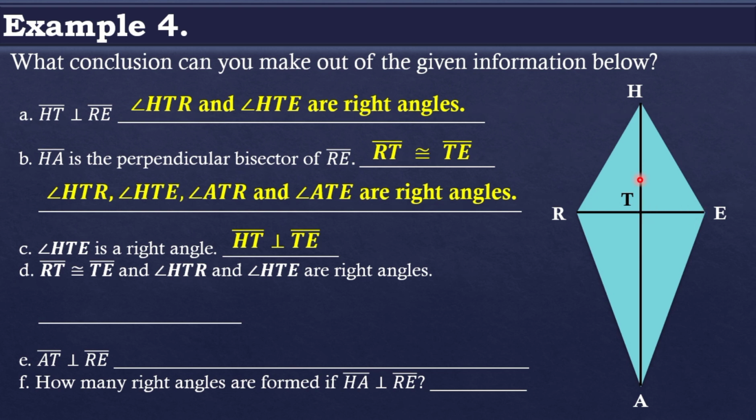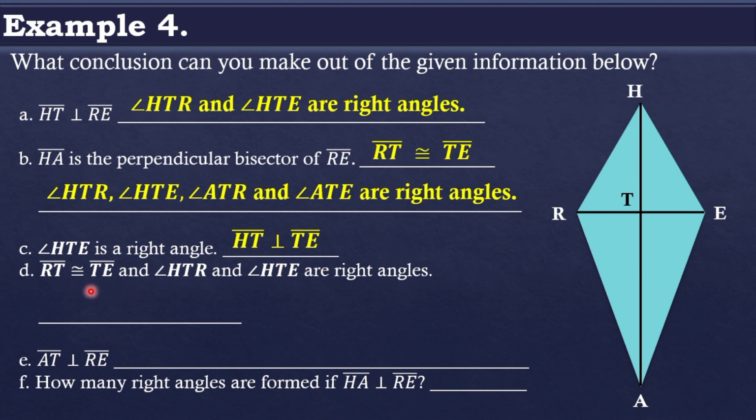Ma'am, bakit hindi po HT is perpendicular to RE? No. Why? Kasi kung HT is perpendicular to RE, dapat hindi lang angle HTE ang binigay niya dito, dapat pati angle HTR. So, dapat dalawa yung given niya na right angles. But since ito lang, ang segment HT is perpendicular to segment TE, not RE.